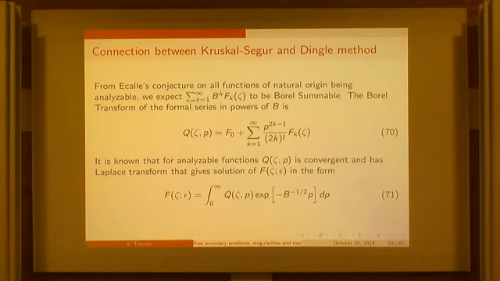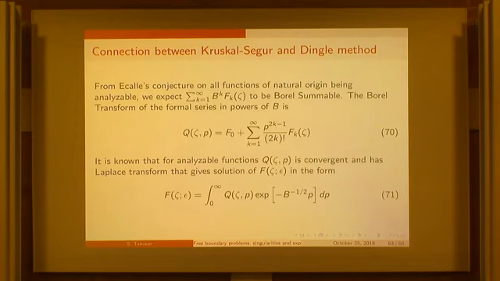So the question is, in the p plane, this function will have singularities somewhere, right? Now, in all problems that we have encountered, the singularities of analyzable functions, which is the class where you can do this process, are always in the Borel plane.